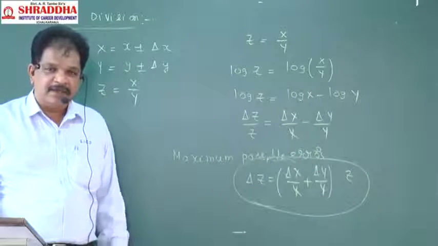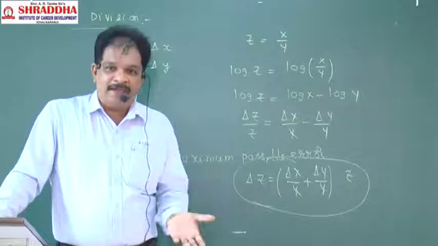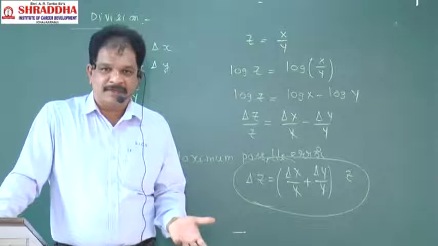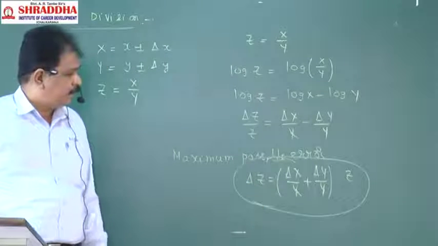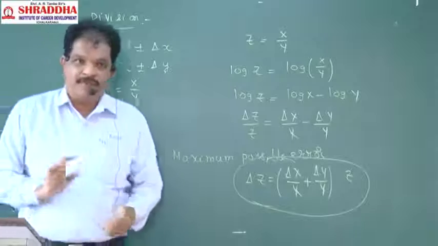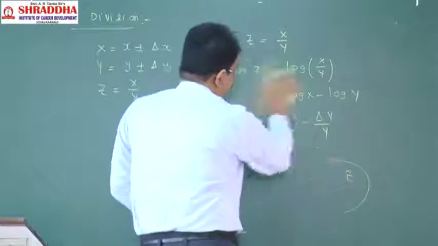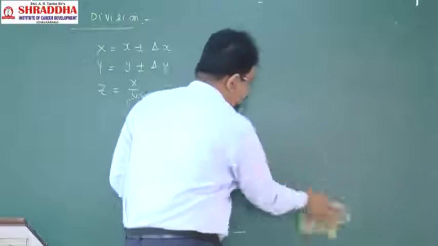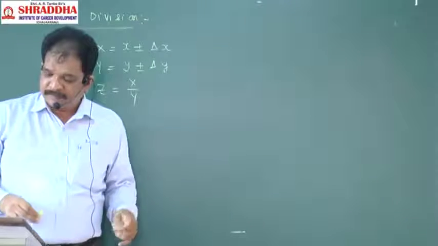Clear understanding. Addition or subtraction, what are we doing? We are adding the errors in addition or subtraction. Here also, for calculating the maximum possible error, we use the same formula. Now take one problem on this to understand about it.